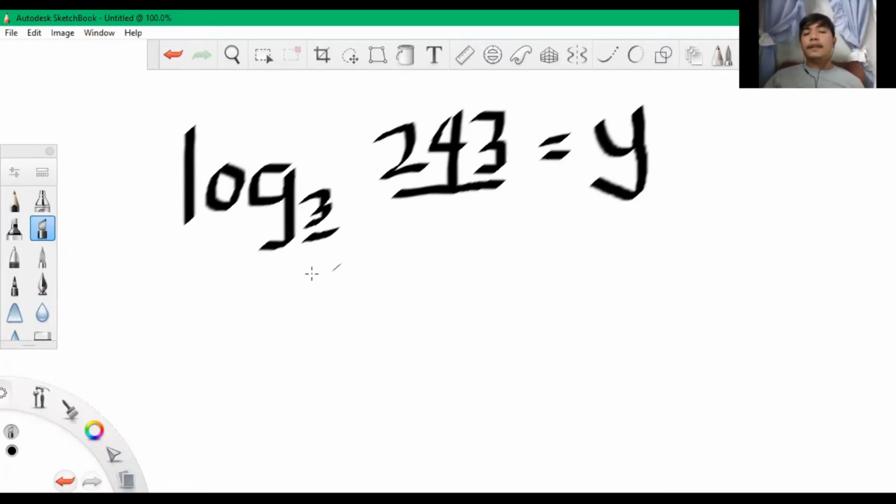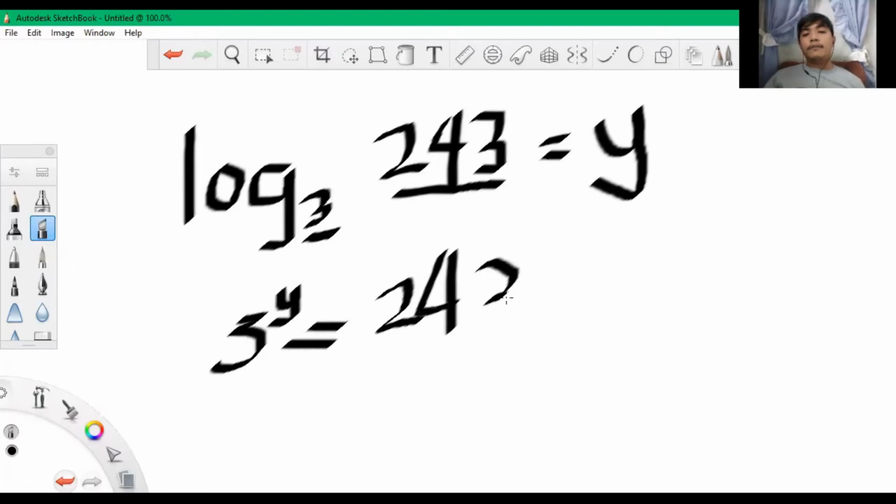So, again, pag nag-exponential form tayo, we will write the base, which is 3 in this example, and its exponent is still unknown, so it is represented by y. So now we have 3 raised to y is equal to the answer, which is 243. Kung naaalala nyo po yung lesson natin about exponential equation, the steps to solve this exponent, the value of the exponent is, the first step is to make your left side and right side na meron siyang same base.